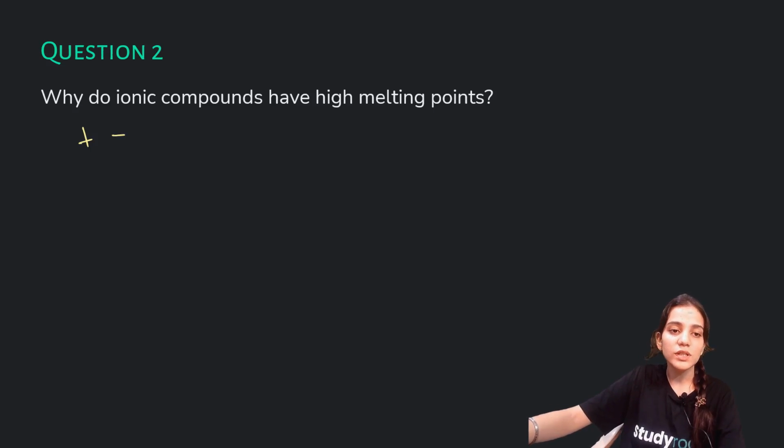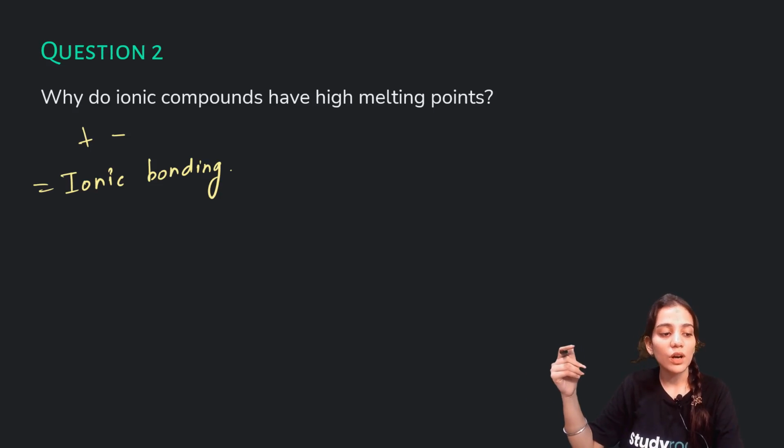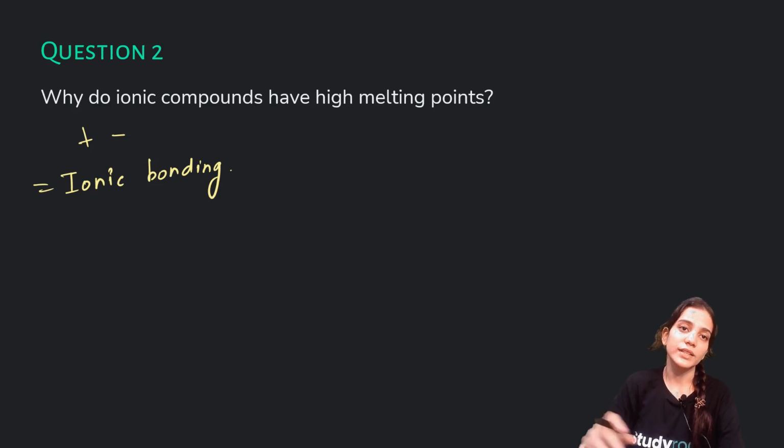These forces are generally referred to as ionic bonding. As the lattice contains a large number of ions, a lot of energy is needed to overcome this ionic bonding. So ionic compounds have high melting points.